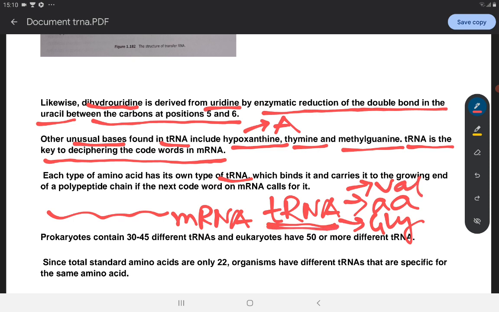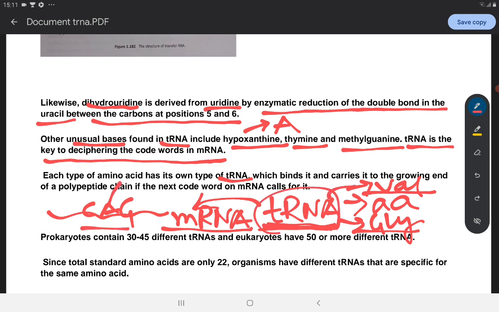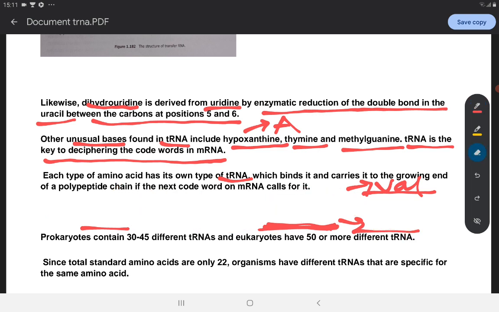So that tRNA can only bring glycine to the growing peptide, or if it's specific for valine, it could only bring a valine into the peptide, right? So tRNA through the anticodon loop reads this mRNA sequence, and if it encodes for valine, then a tRNA specific for valine will come and join here and transfer a valine into the peptide. So that is how translation works.